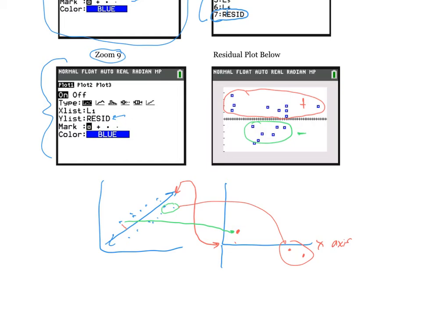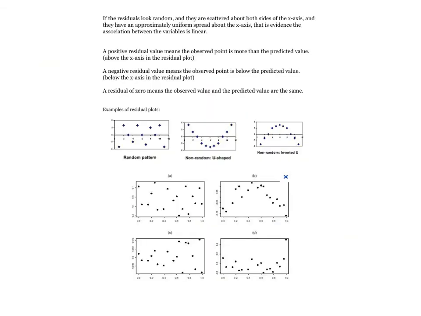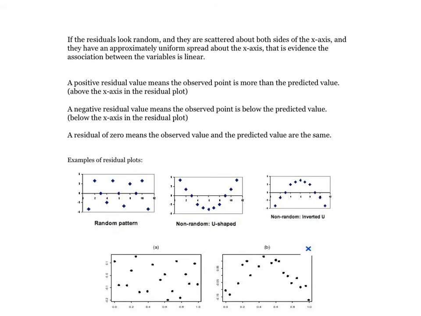So how do we use this? Well, if the residual plot looks random and the residuals are scattered about both sides of the x-axis and they have a uniform spread about the x-axis, that is evidence the association between the variables is linear. So what a residual plot is, is a test for linearity.